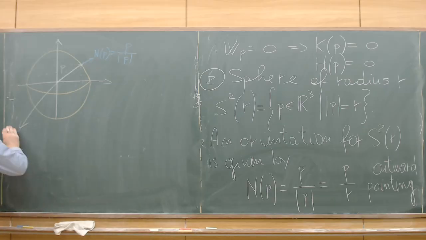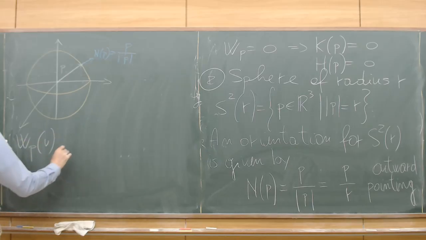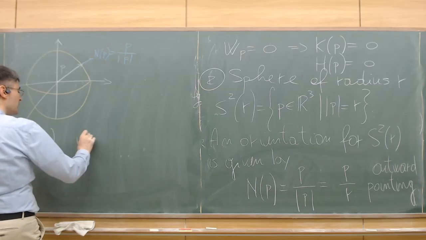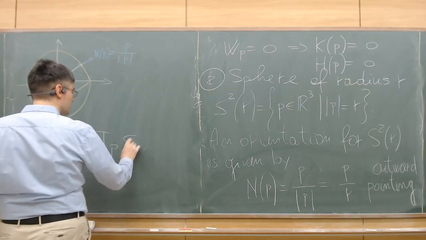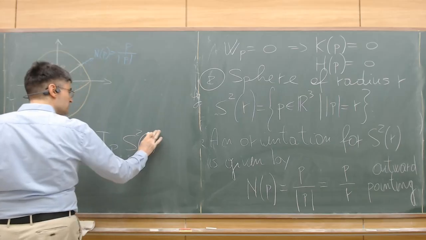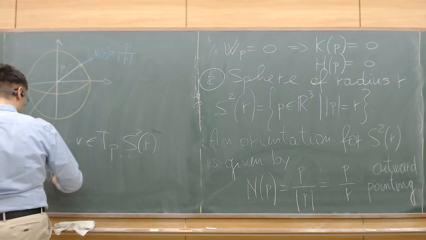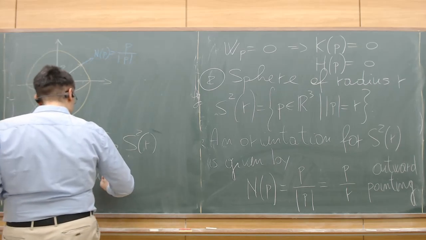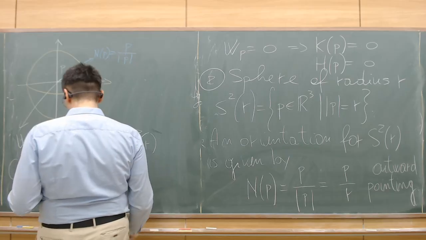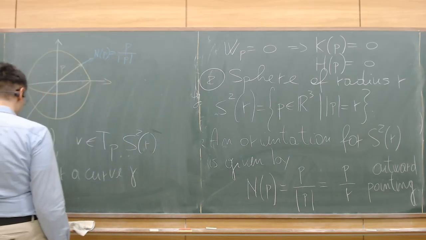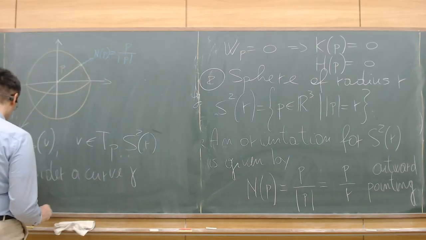Okay, we want to compute WP at V, where V is a vector of TP S2R. How do we do this? We consider a curve gamma. Of course, it must be regular.